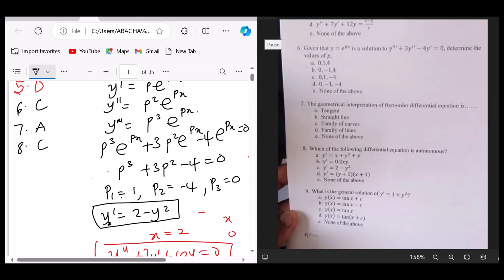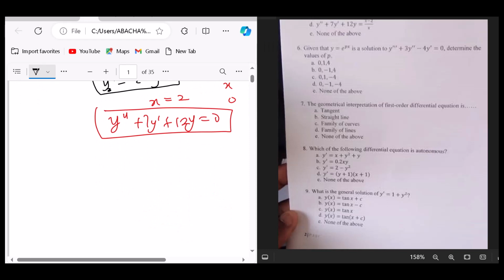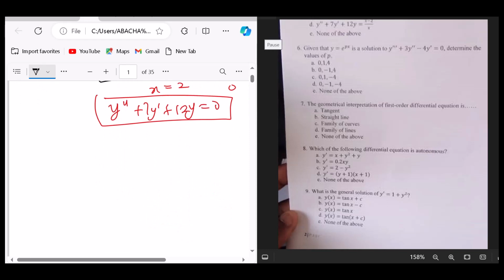Now 9, what is the general solution of y prime equals 1 plus y squared? Okay, so let's see the general solution of y prime equals 1 plus y squared. So this one is just obviously dy dx equals 1 plus y squared, which is separable.